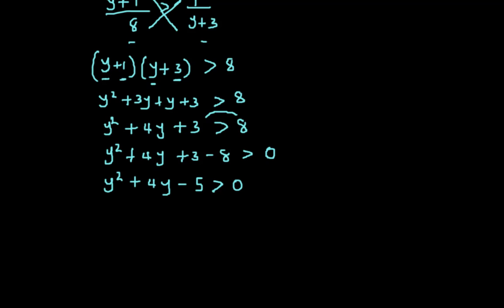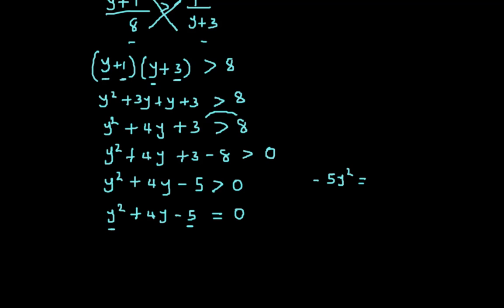Now having this, we can take the first step. The first step is that you turn the inequality to an equation. So we'll be having y squared plus 4y minus 5 equals 0. Does this make sense? So we need to solve this quadratic equation. Minus 5 times y squared will give us minus 5y squared.